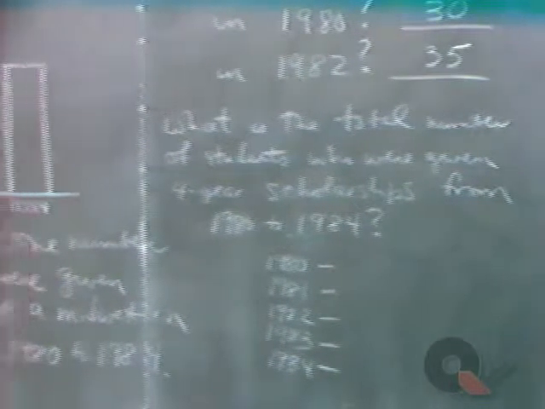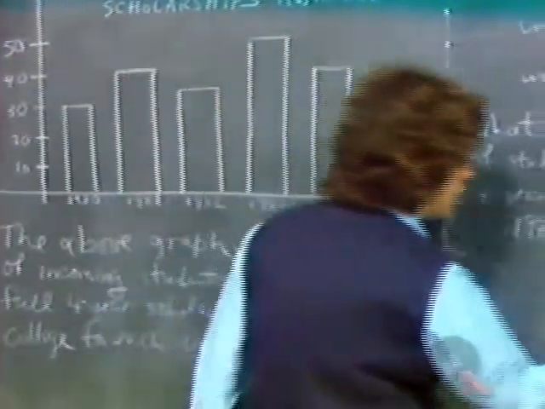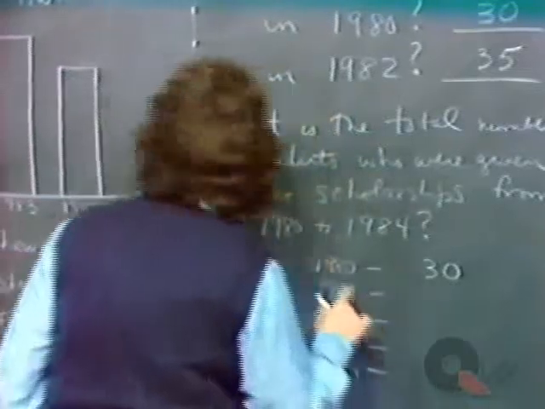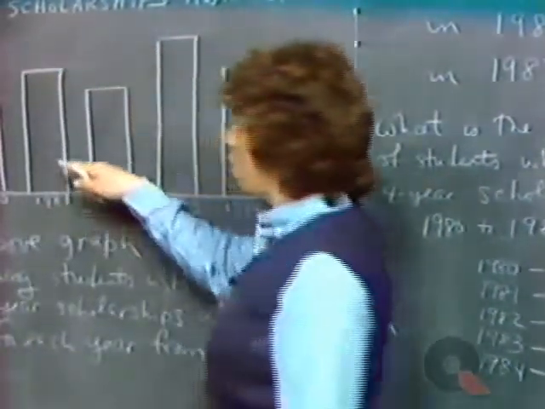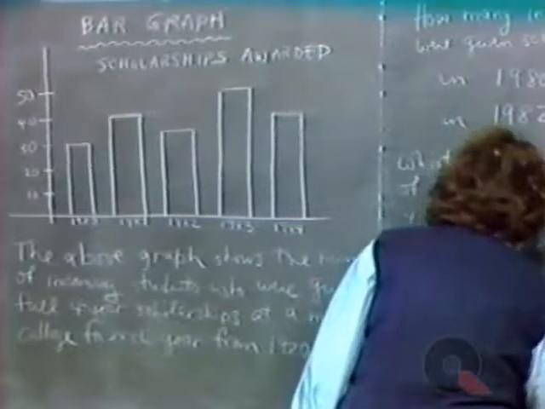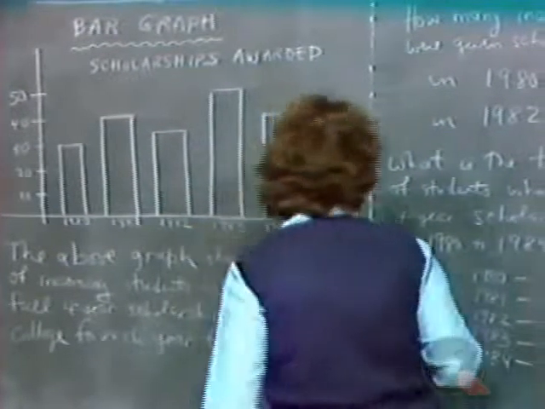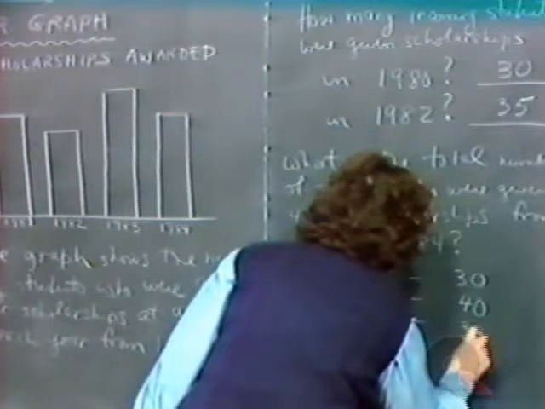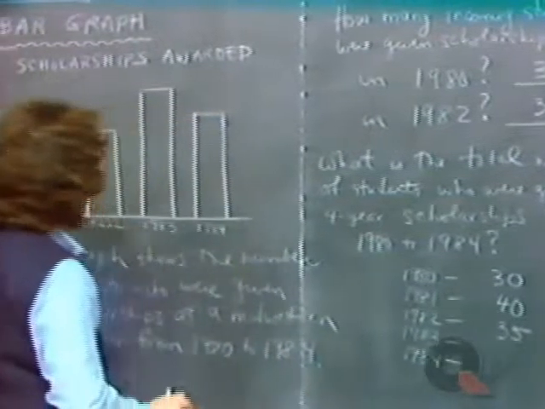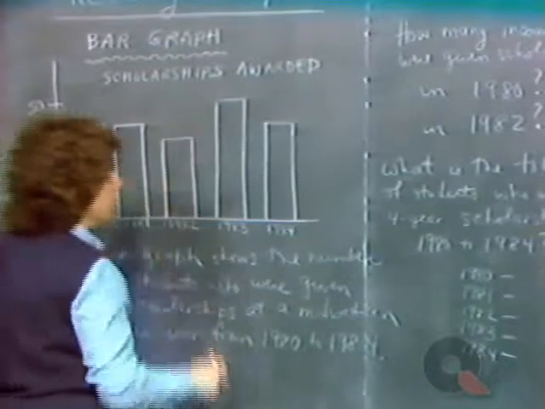In 1980, the bar goes up to 30, so 30 scholarships were awarded in 1980. In 1981, the bar goes up to 40. In 1982, it goes up to 35. In 1983, the bar goes up to 50.